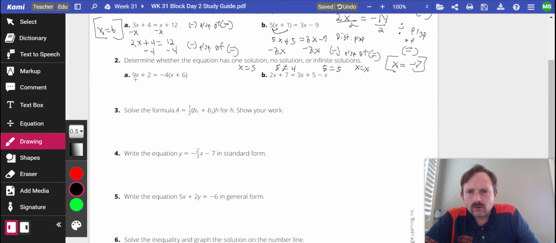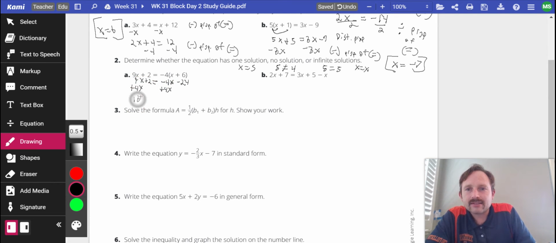All right, so I'll have to use the distributive property. I'll get negative 4x plus 6. No. Negative 4 times 6 is negative 24. So we're going to minus 24 is equal to 9x plus 2. All right. I'm going to add 4x on both sides.